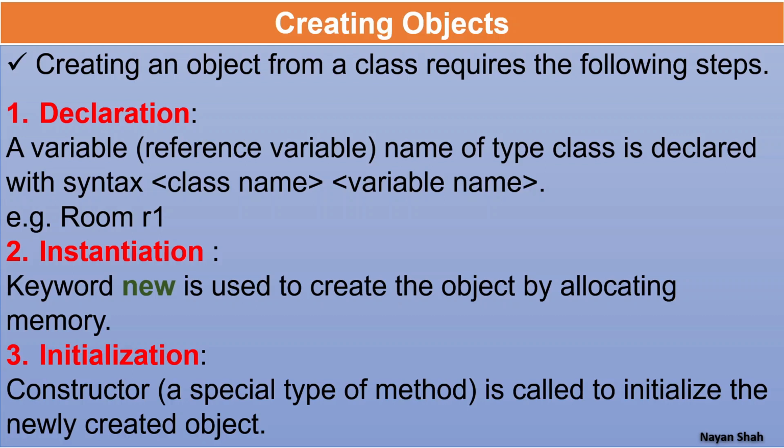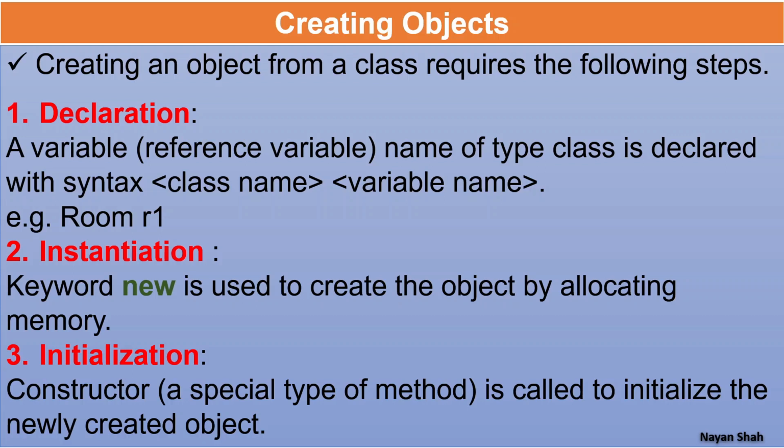For example, suppose we have a room class and I want to declare object R1 of the room class, then I should write room R1. But remember, declaring a variable does not create an object. When you write room R1, the compiler only gets a notification that this program wants to create an object R1 of type room, but it is still not created in memory.